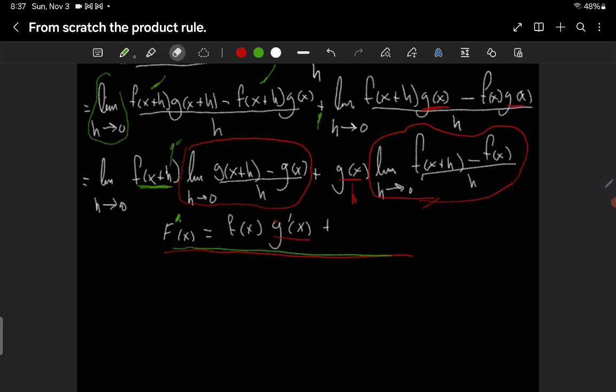I can write this as f prime of x times g of x, just to keep the order. It's the same thing as multiplication is commutative, and I would just change my arrows over here and put it right here. There we go.